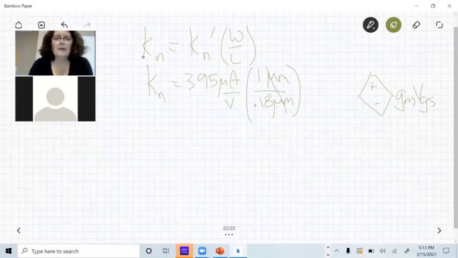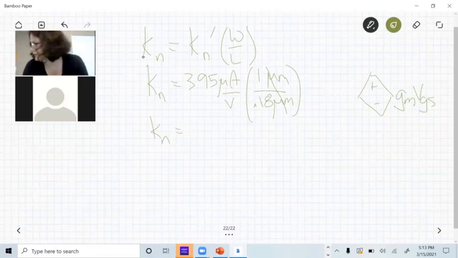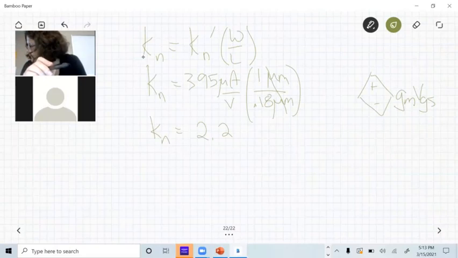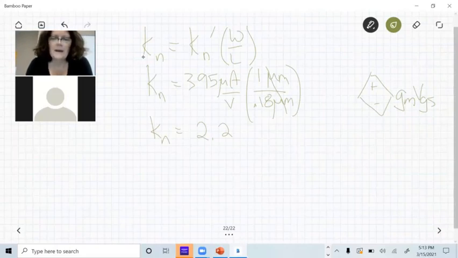And so our Kn is going to be 2.2 microamps per volt... well, that doesn't seem right. Somehow my calculation doesn't seem right. I'm going to check that.